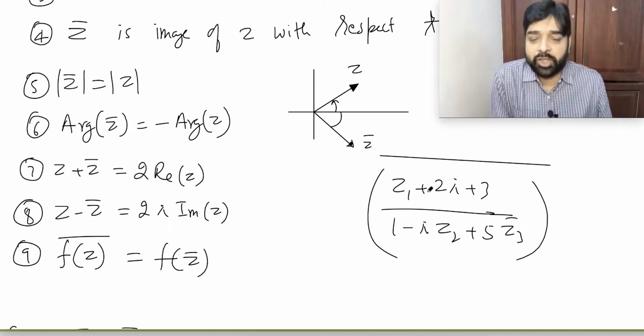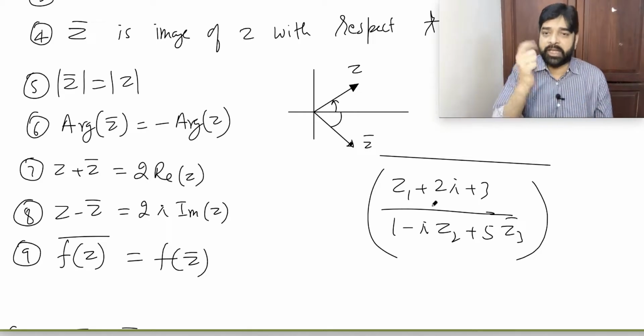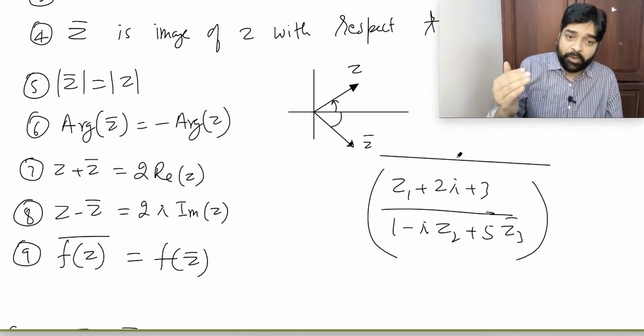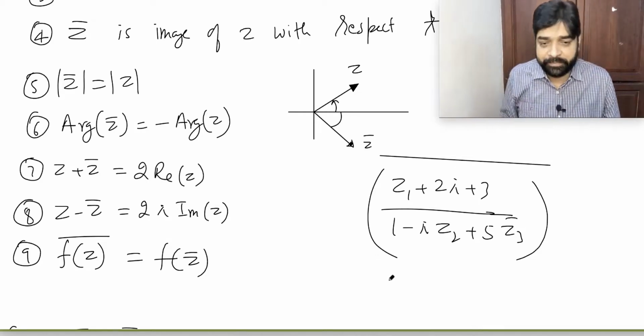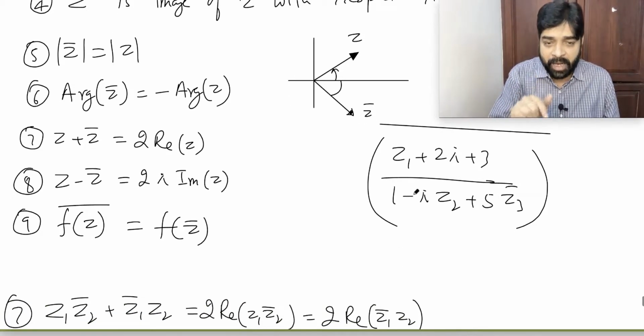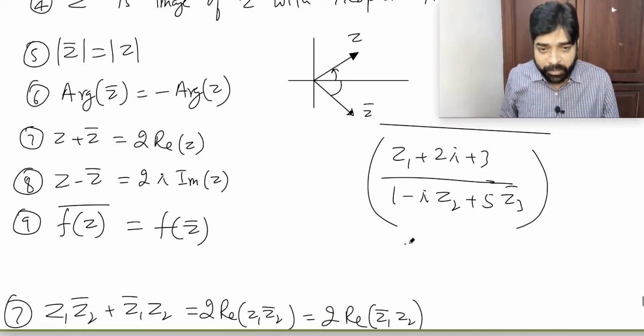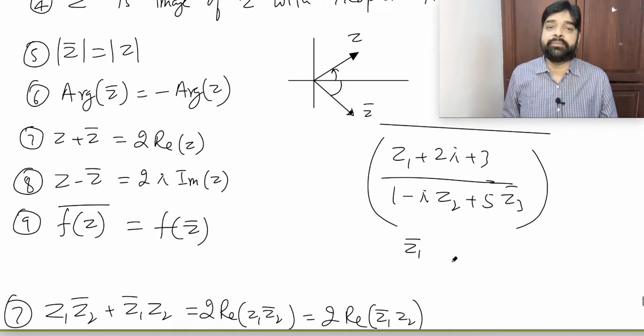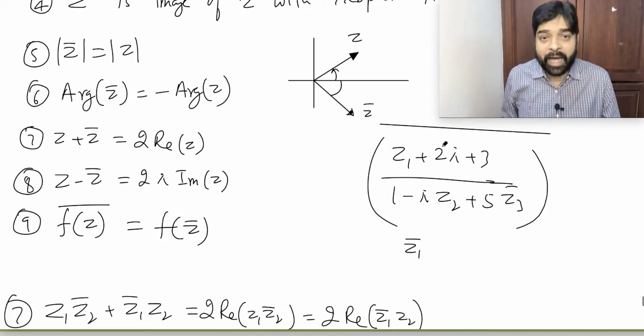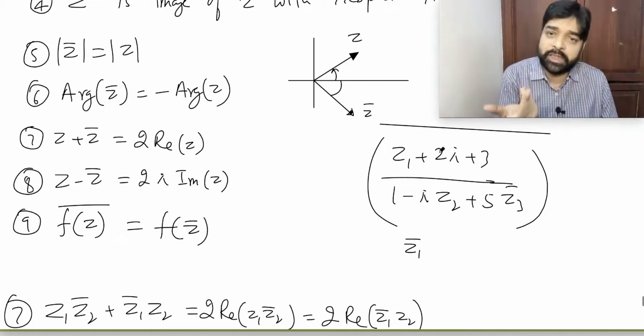I want to get the conjugate of this complete expression, not a single complex number. What will I do? This bar I will send inside. So it will come z1 bar. Yes or no? Plus 2 bar. 2 bar will be what? 2 itself.